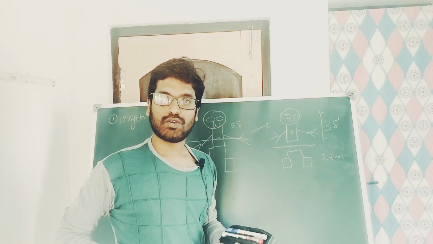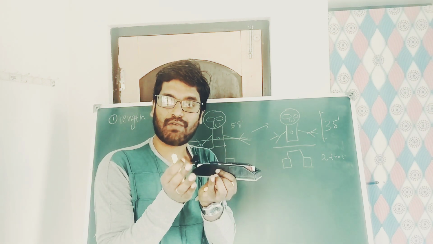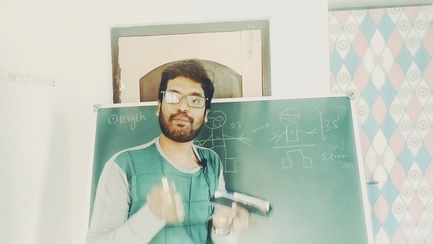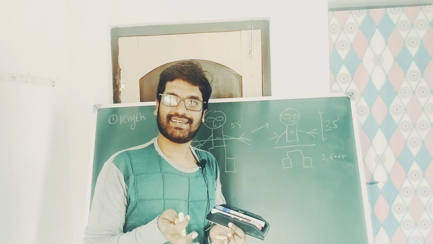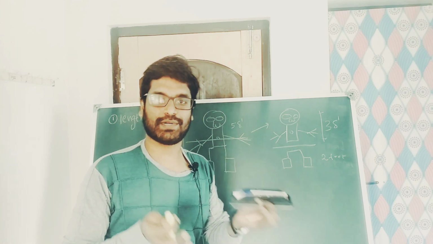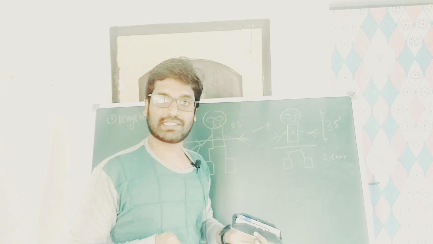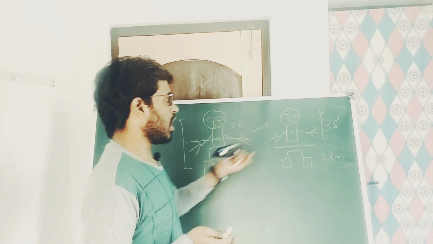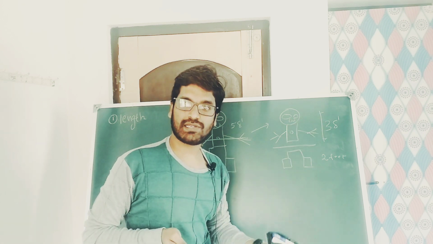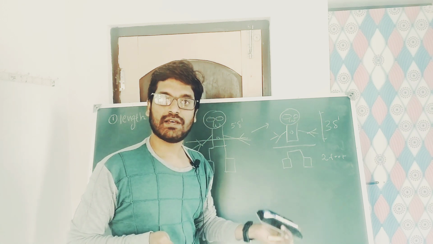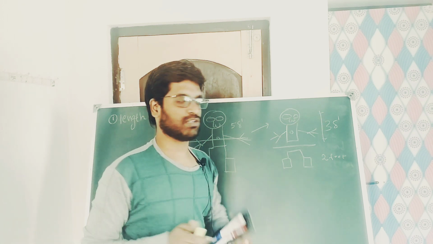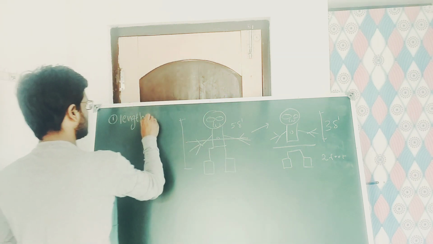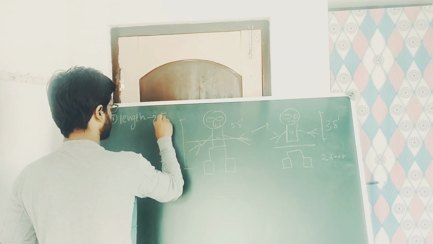So after bisecting one object, if the property changes, that is an extensive property. So length is an extensive property because initially 5 feet 8 inches, and after bisection length has been changed. Clear?